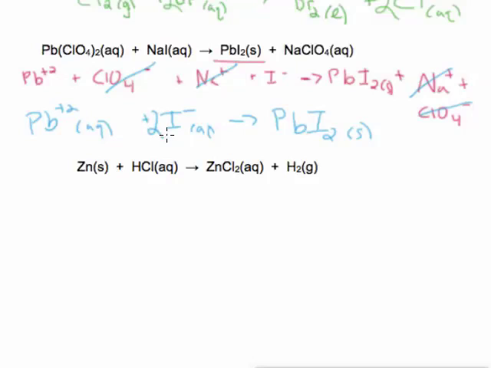Let's do one more. Let's do another single replacement. You should hopefully get to the point where you can look at the type of reaction it is and kind of predict what it's going to look like. So the zinc does not break out into an ion because it's a solid. The hydrochloric acid does because it's aqueous.